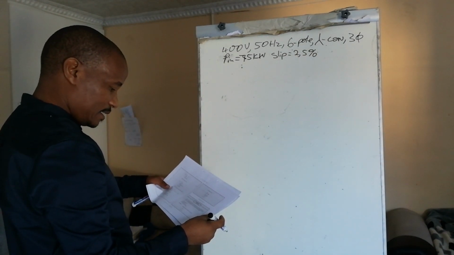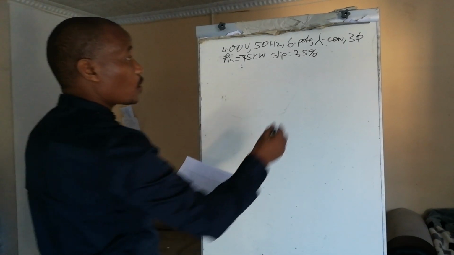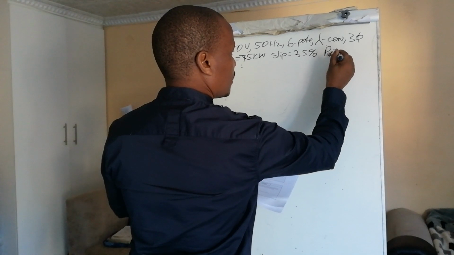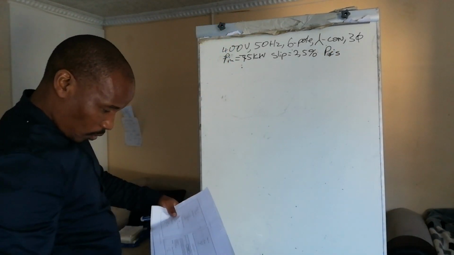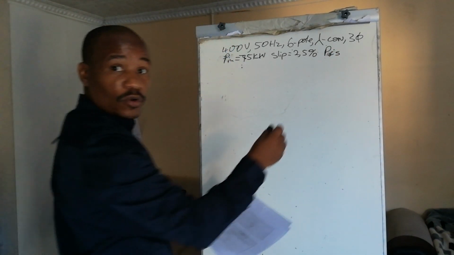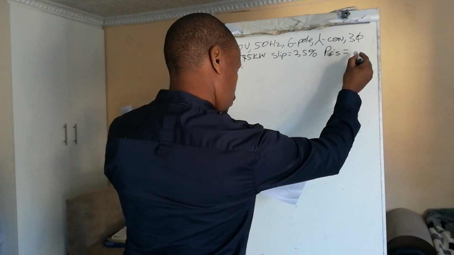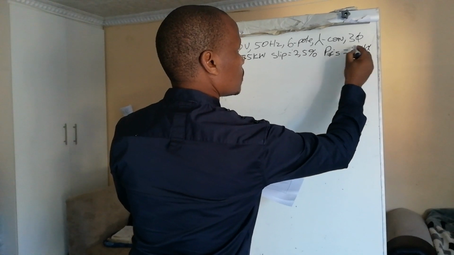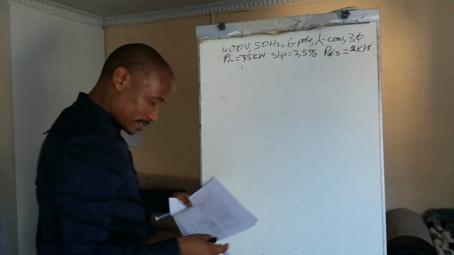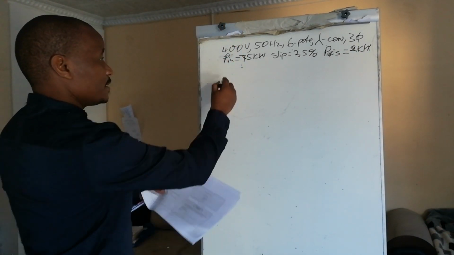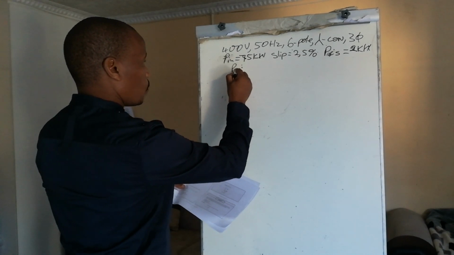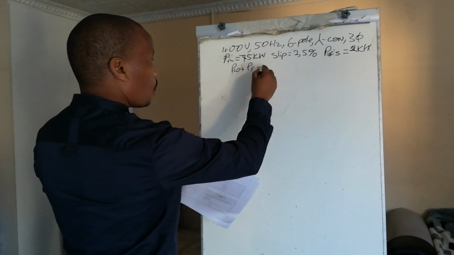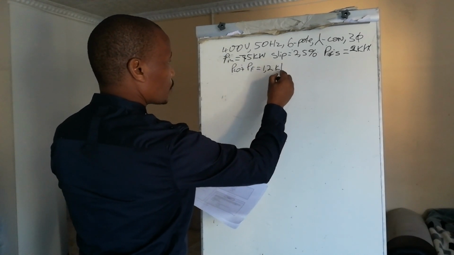And if the stator iron loss is equal to 2 kilowatts, the windage plus friction losses is equal to 1.2 kilowatts.